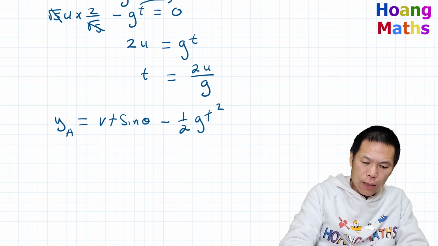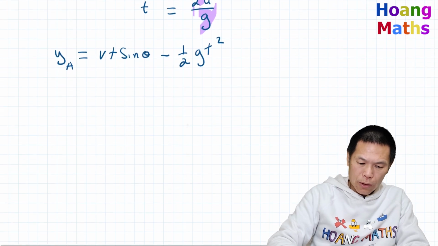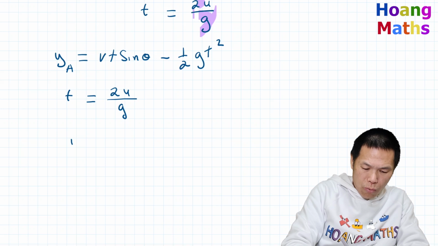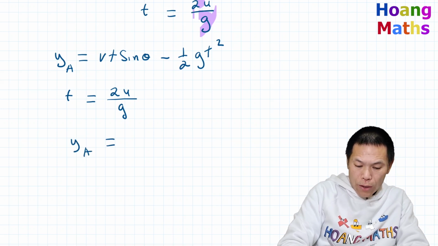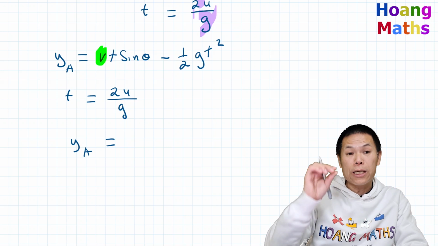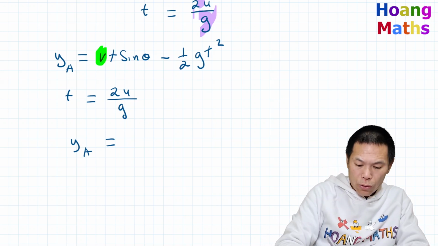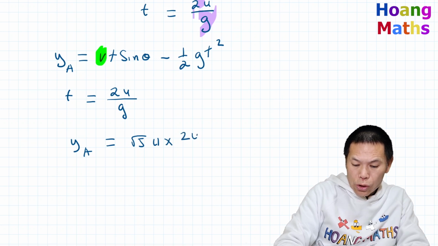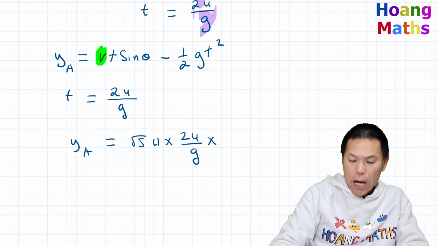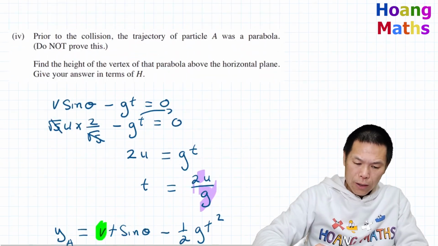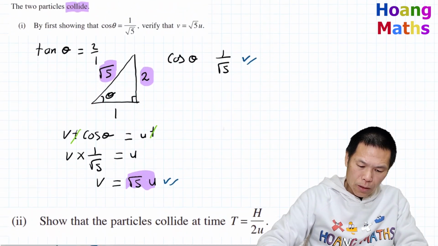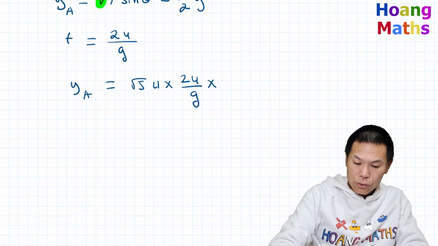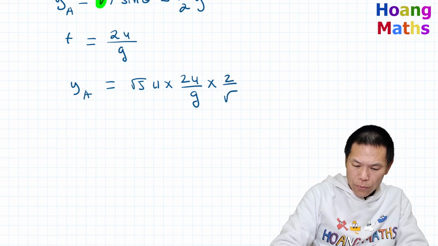Now t is equal to 2u over g. So y_A is equal to v, don't forget, square root 5 times u, times t, which is 2u over g, times sine theta, which is 2 over square root 5, as we saw earlier.